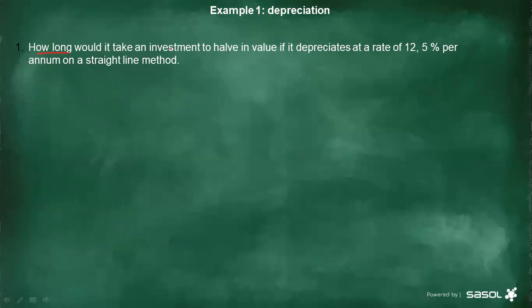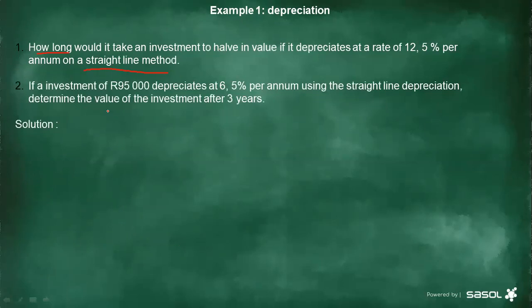How long will it take the investment to halve in value if it is depreciated at the rate of 12.5% per annum on a straight line method? You write the formula for that, which is the formula for a straight line method.